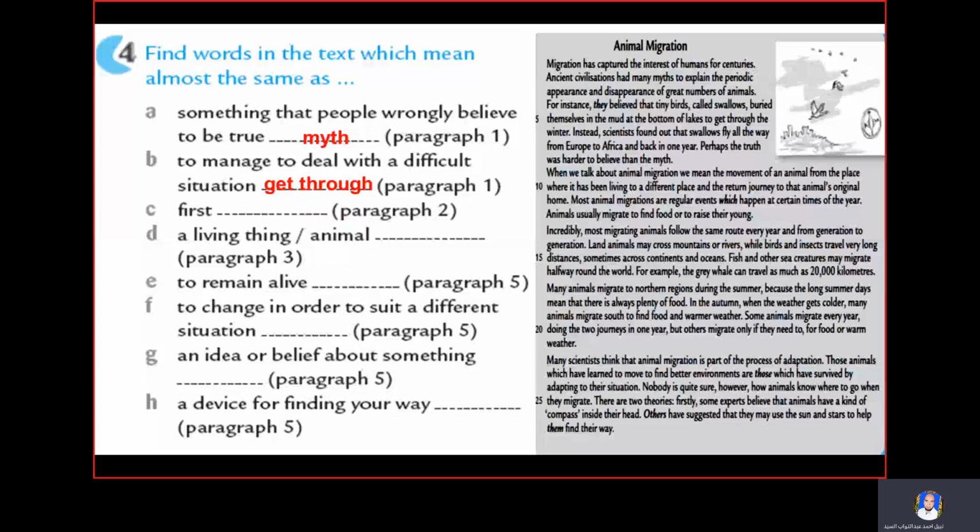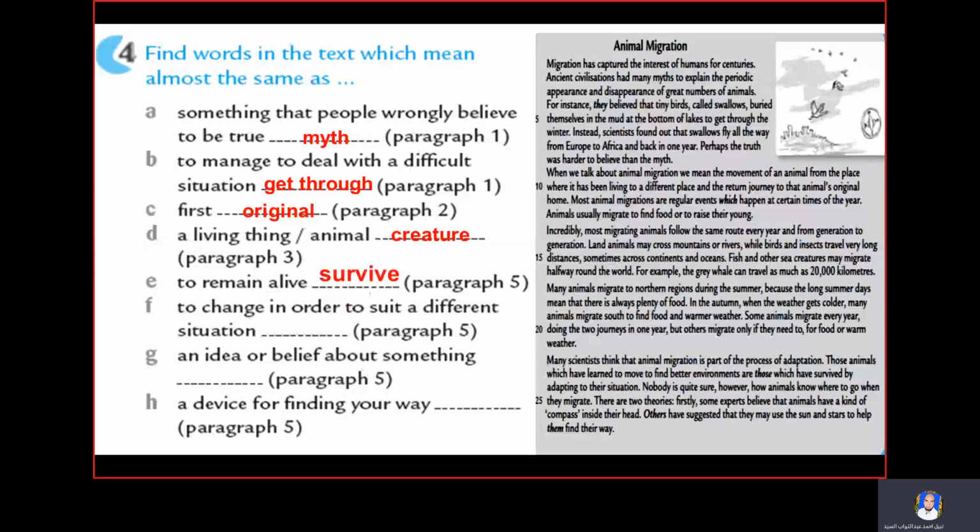First. What does it mean? Give me a word in paragraph 2, which means first. Original. A living thing, living animal, in paragraph 3. Creature. In paragraph 5, to remain alive. What does it mean? To remain alive.